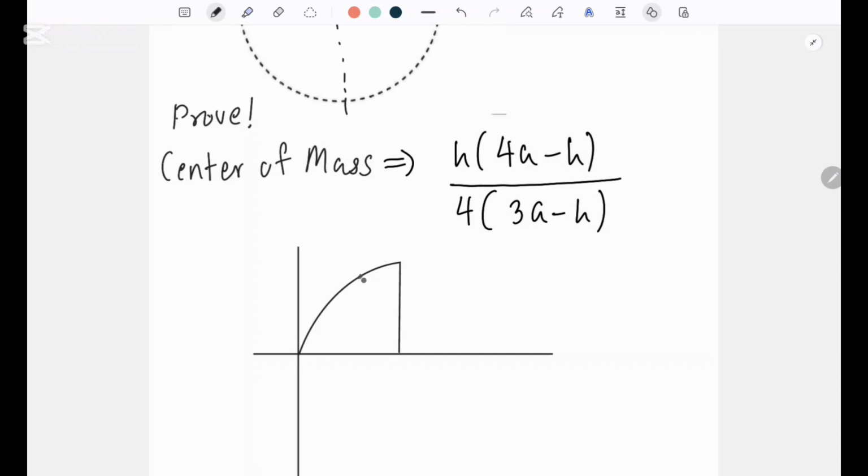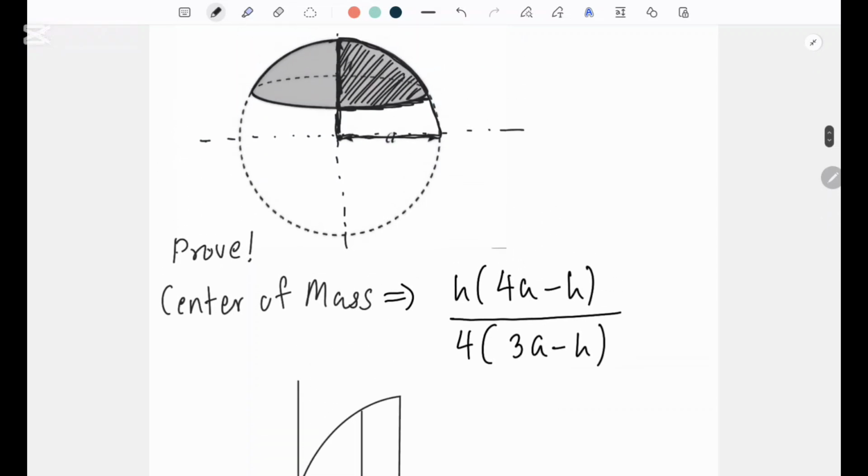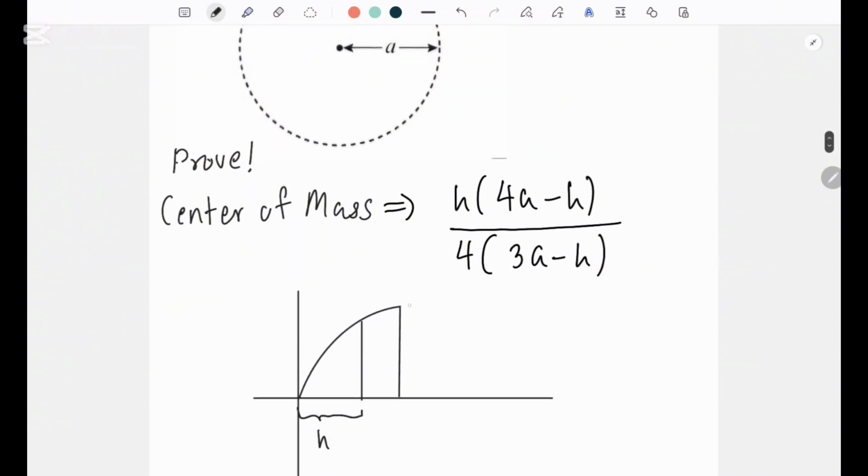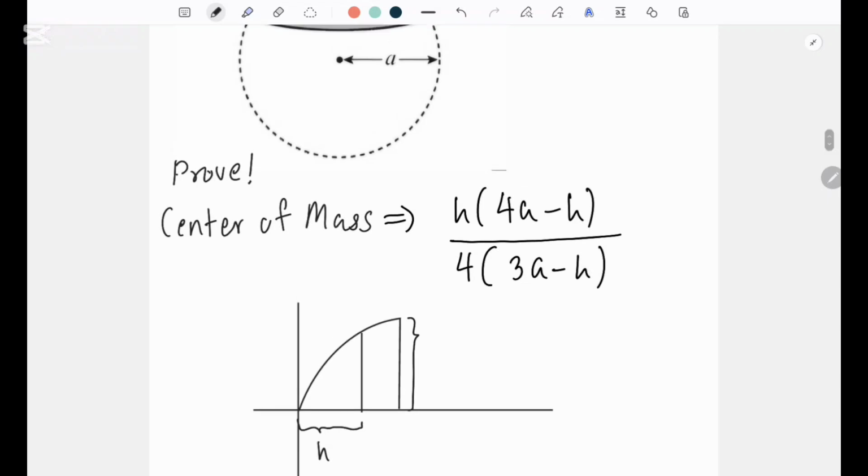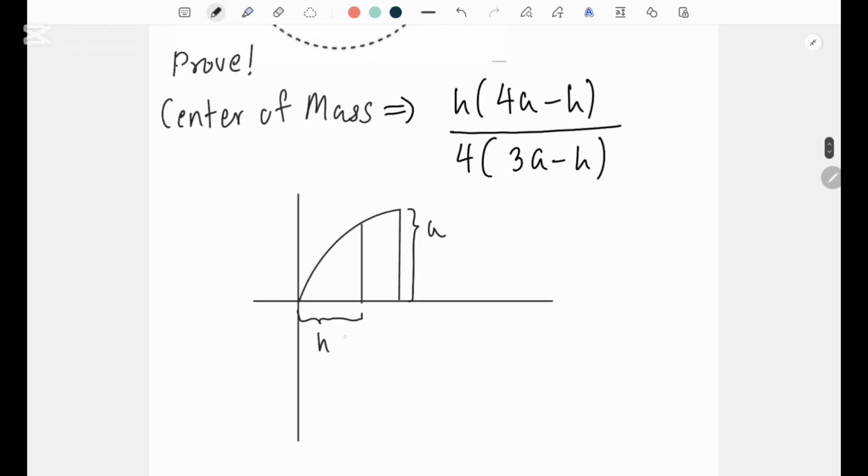If I draw another line like this, straight right here, this is h, which you can see in the diagram. Let me erase that so you can see it. That's h, and this is the radius, which is also a.